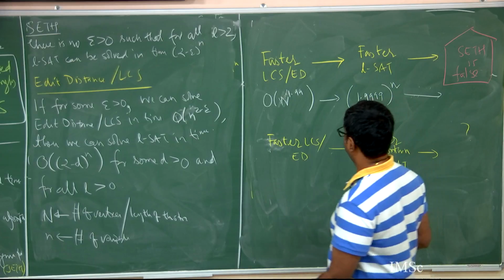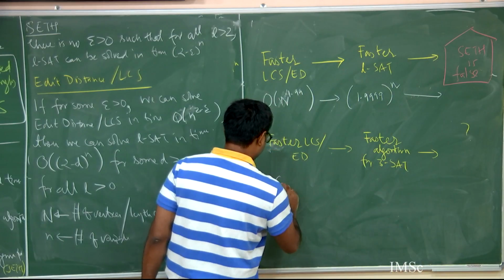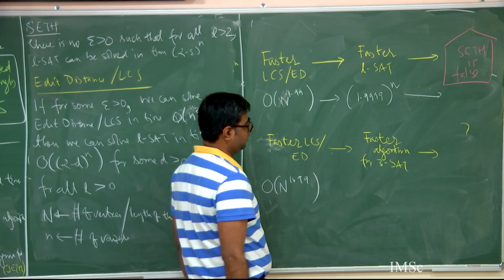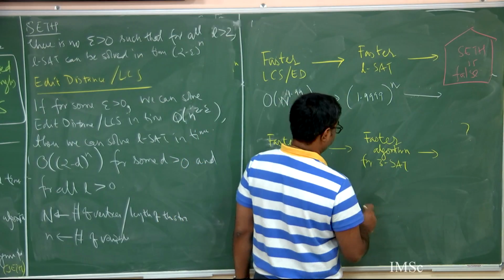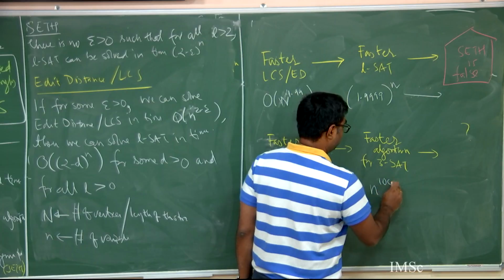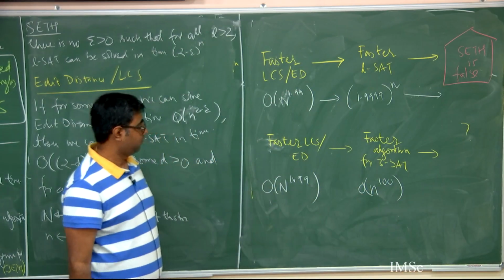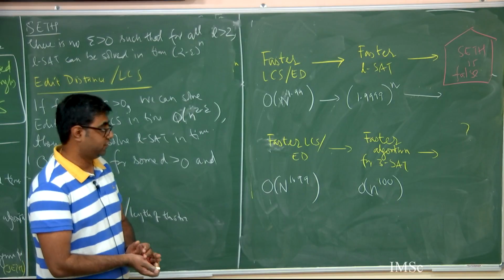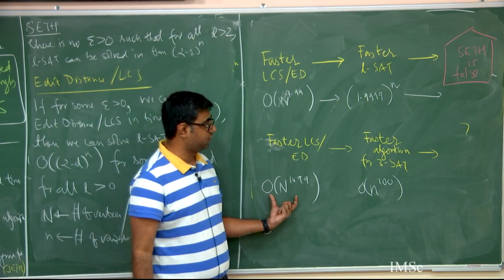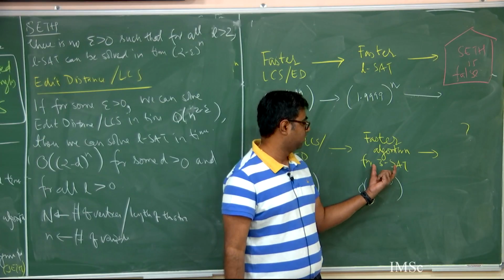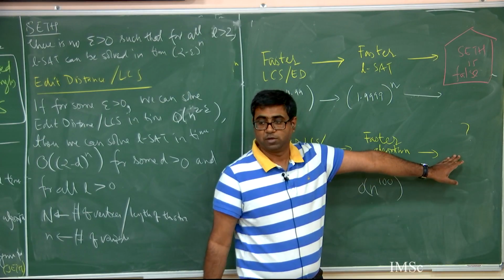So for example, if I had put 1.99, that's still a faster algorithm for 3 SAT, say an n to the power 100 algorithm, what will it imply? If I can give a reduction such that a faster algorithm for this implies an algorithm of running time n to the power 100 for 3 SAT, then what does this imply?